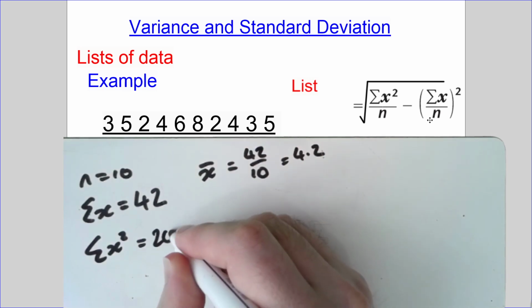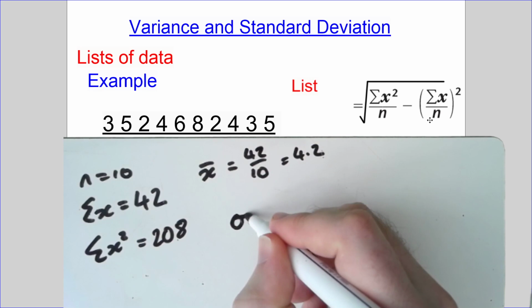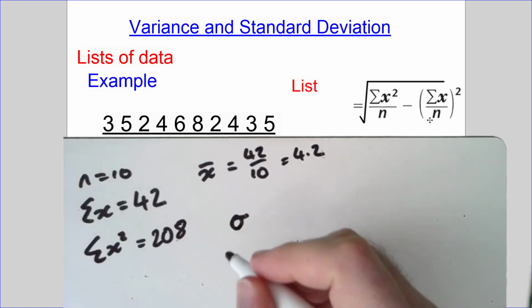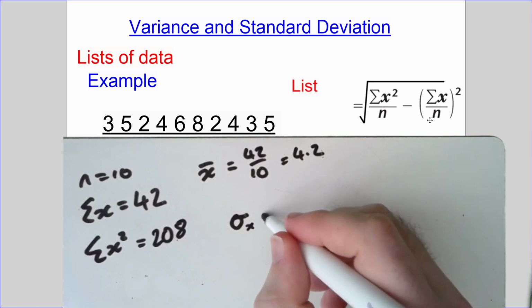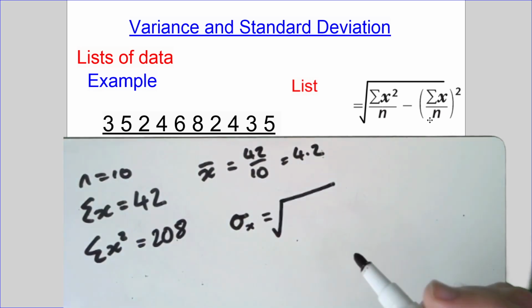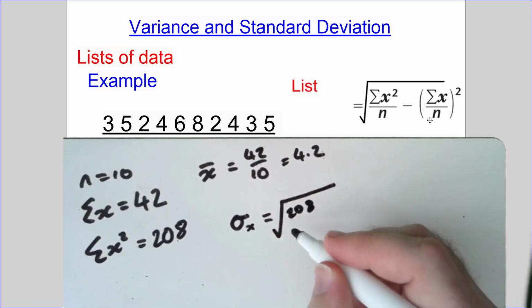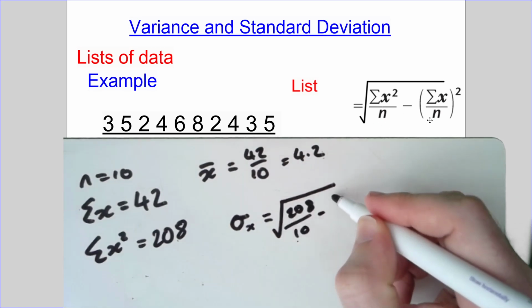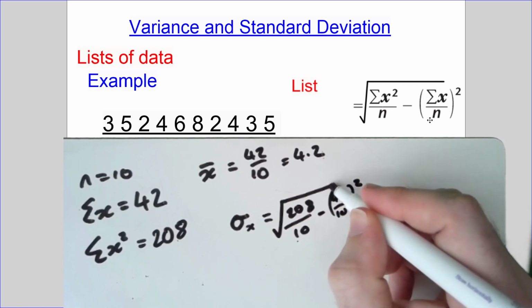So we have 208. So to work out the standard deviation, symbol wise we're going to use this lowercase sigma. Some people put an x on here, it's optional, but most people just put sigma. It's the square root of, and then we're going to do 208, which is our sigma x squared, divided by n, take away 42 over 10 squared.